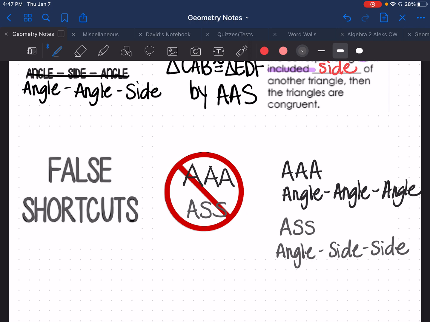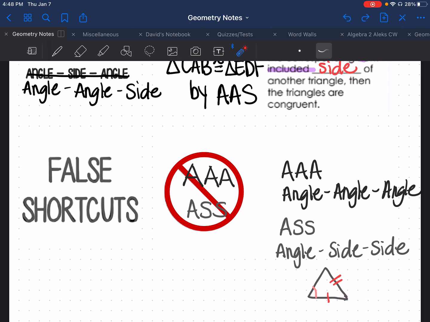So let me show you what that would look like. You can't have marked this angle and then this side and this side. That angle needs to be right here for this to be congruent to another triangle. Since the angle is only here, we run into that thing that we just talked about. You're leaving out this side. So non-included does not work, but included does.